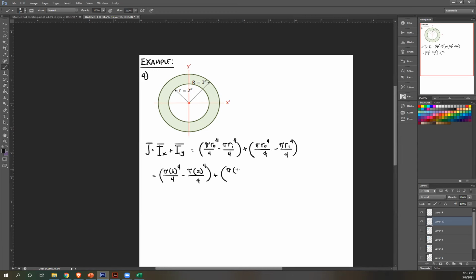Pi, Ro is 3 to the 4th over 4, and then minus again, Ri is 2, pi times 2 to the 4th over 4. Please solve. What's the answer? In decimals, please.